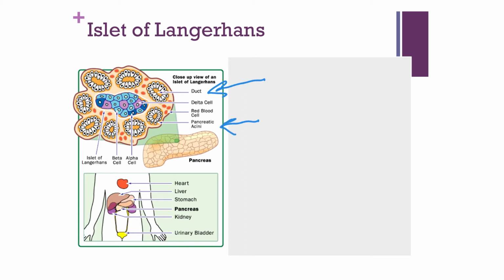And so they are organized into acini, and those acini or acinar cells secrete their products into a duct. So that's what you see here. Those are a collection of exocrine acinar cells. They would be making exocrine pancreatic products like pancreatic juices that would travel through the pancreatic duct. So that lets you know those are not the cells that we're talking about.